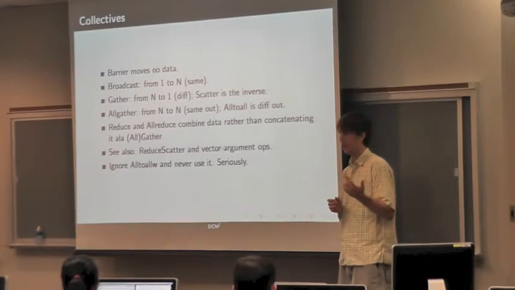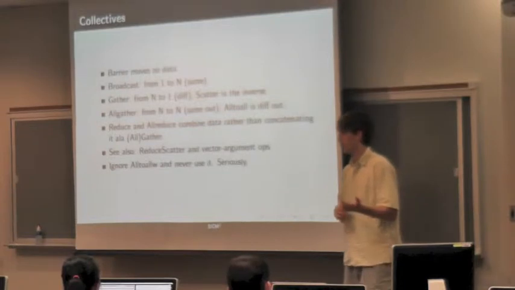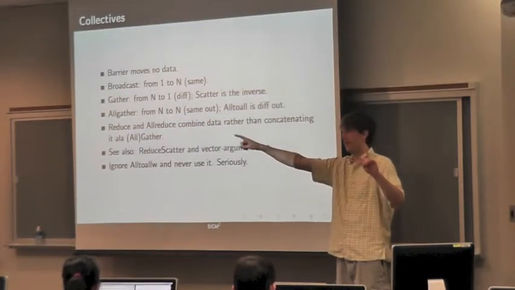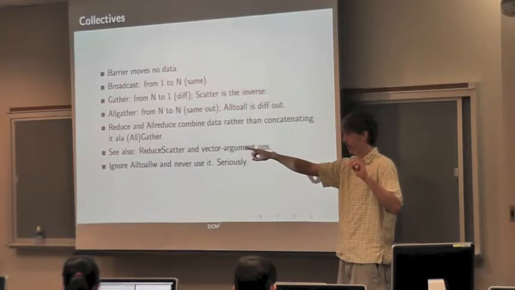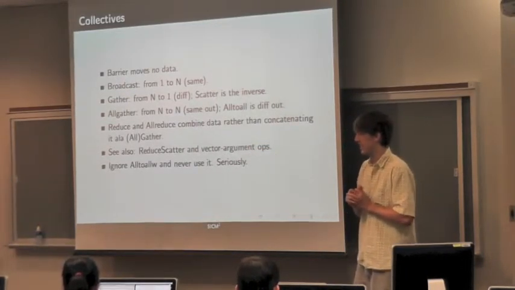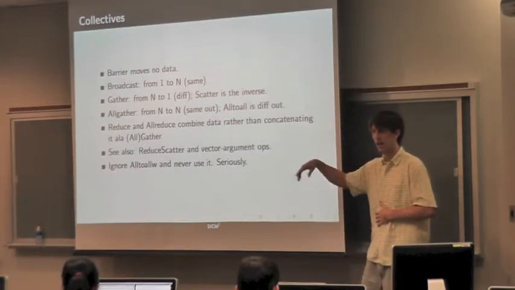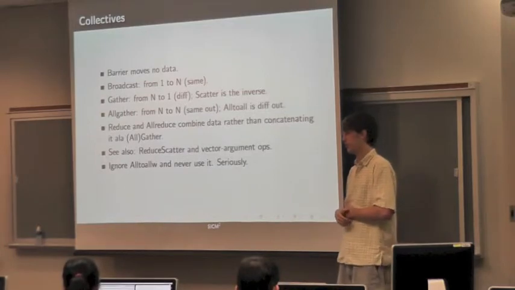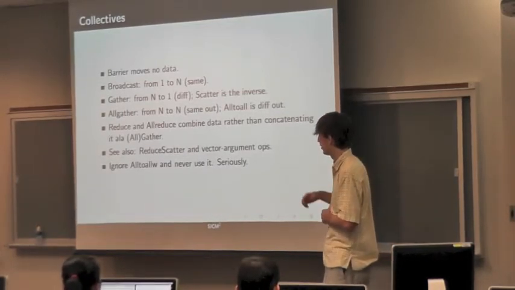MPI always uses 32-bit integers, so it's 4 megabytes. The CPU has to go in and read a vector 4 megabytes long, which thankfully now doesn't blow out cache completely, but that's a lot of data to read through. You can find an all-to-all V on 100,000 cores or something, if you have Blue Gene P, where you can actually spend a decent amount of time reading the argument.